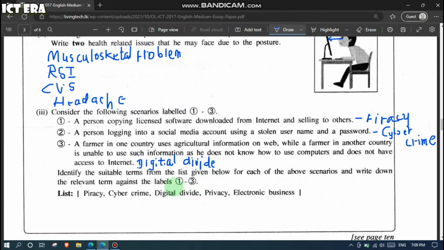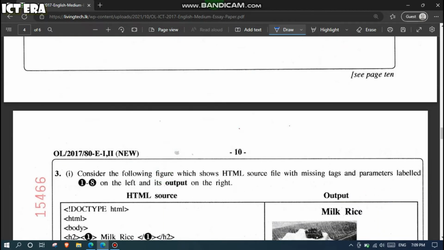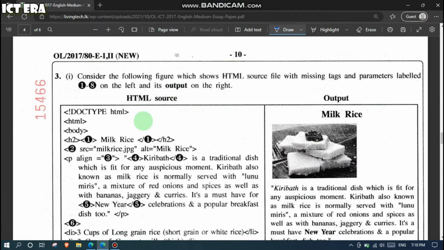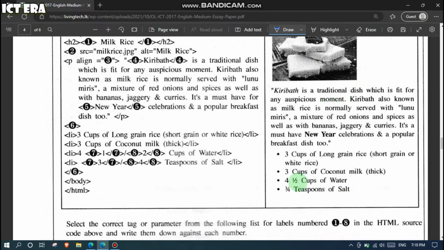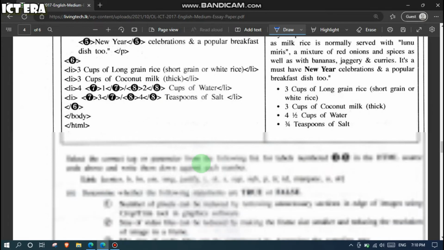Then let's move to the third question. So third question is based on HTML. Right. Let's see. Consider the following figure. It shows HTML source file with missing tags and parameters labeled 1 to 8 on the left and its output on the right. So this is the output. This is the input.